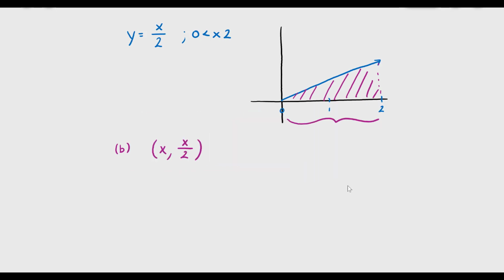So our x value defines the width of the triangular region here, and then the y value defines the height of the triangular region. So the area formula for a triangle is 1/2 base times height, and in our case the base is x, the height is x over 2, and when we simplify that, we get x squared over 4. So there's our area formula for this density curve.